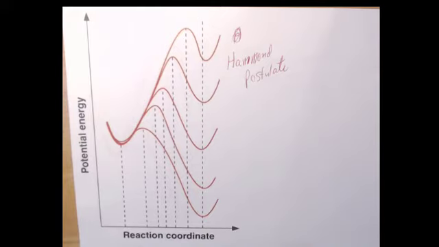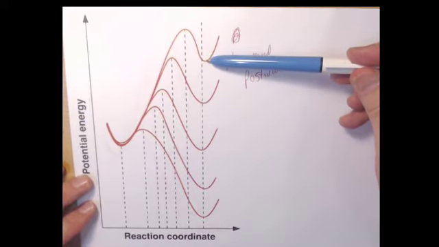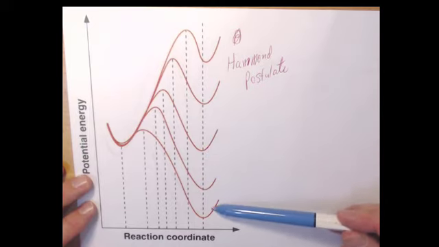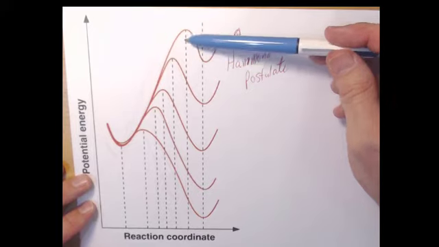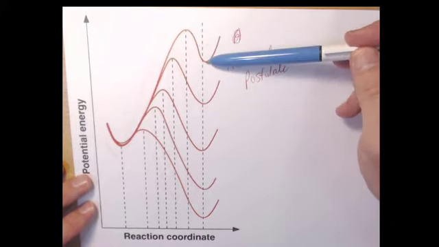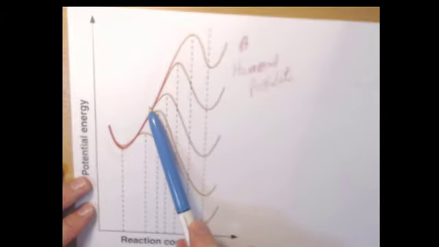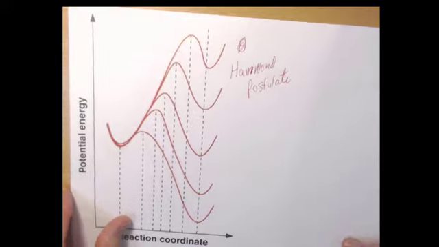All right, so one of the manifestations of the Hammond postulate is that as we lower the energy to get to product, the transition state shifts from, in an endothermic step, being closest in energy and closest in structure to that product, systematically to the left and becomes closer to the reactant.